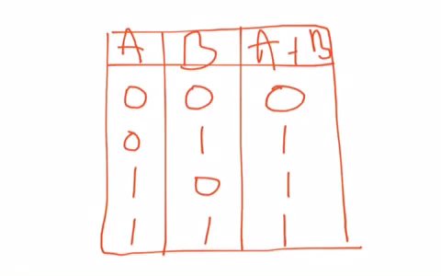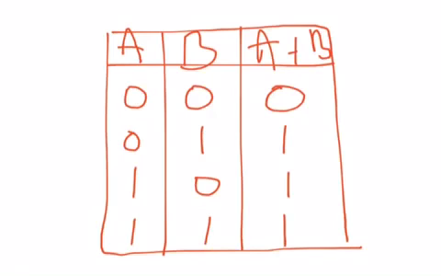Please observe carefully. If both the inputs are low, that is both are 0, 0, the output is 0. If 0 and 1, we observe 1. If 1 and 0, it is 1. Or if both are 1, it is also 1. That means the logic for this OR gate is: if any one of the inputs is 1, the output is 1.